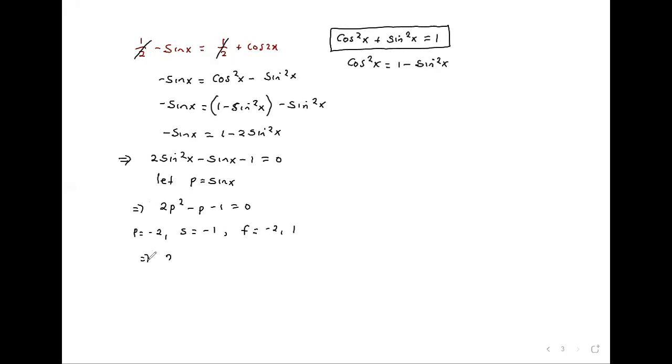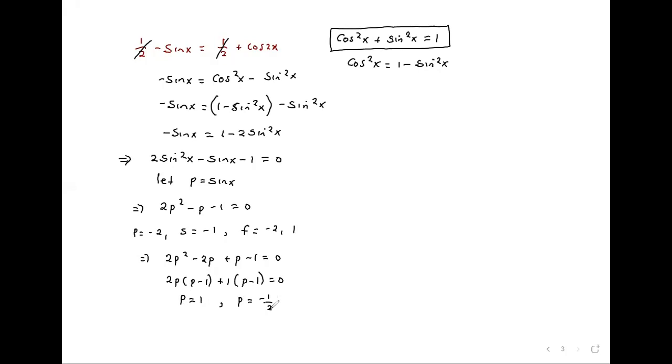So we have 2p squared minus 2p plus p minus 1 is 0. Factor out 2p, get p minus 1. Factor out 1, get p minus 1 is 0. So that p is equal to 1 and p is equal to negative 1 over 2.